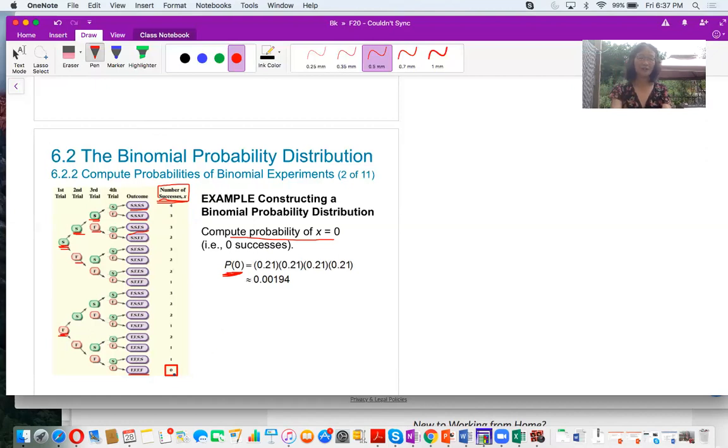So it is this situation here. Did you see here? If you have all F, that is 0 successes. So the probability of 0 here.